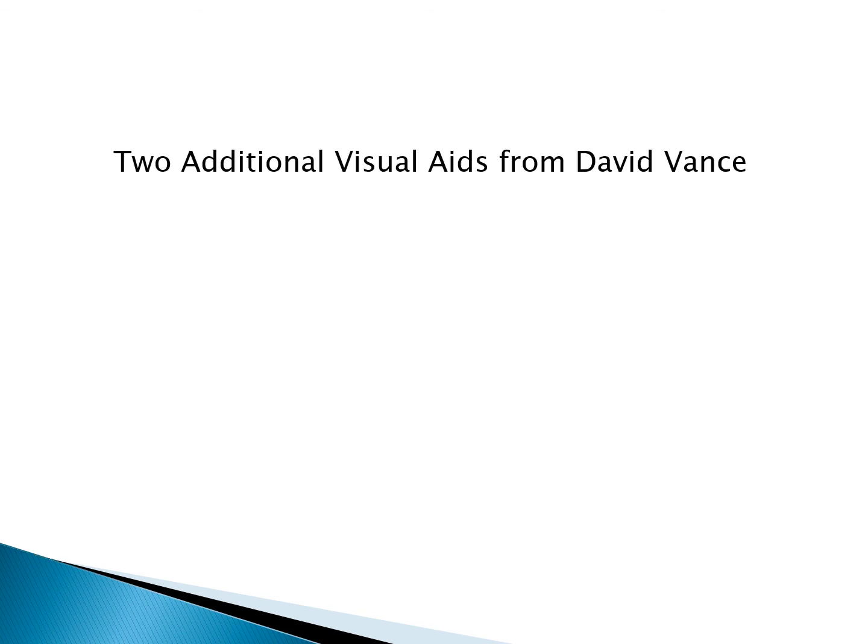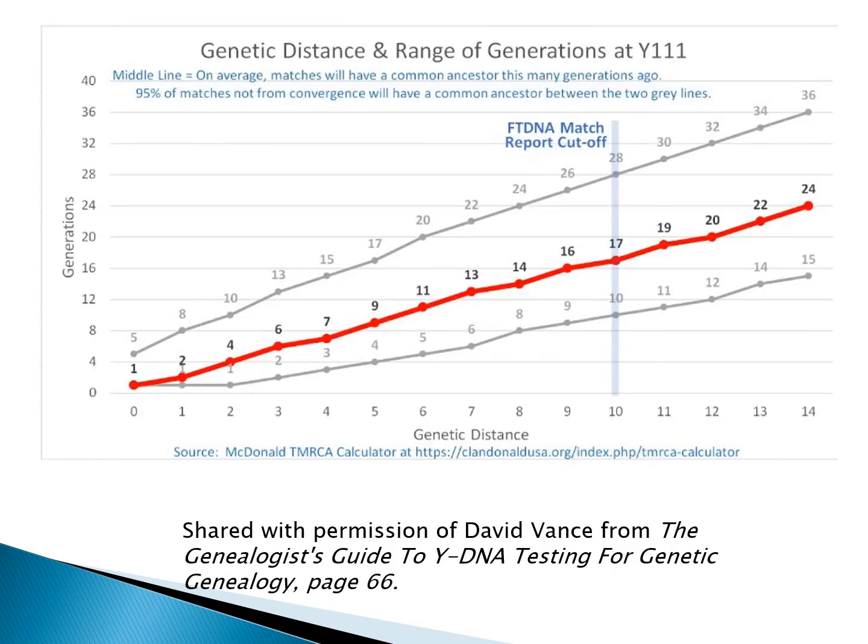Here are two additional visual aids from David Vance I've added at the end of the presentation, which might be useful for summary data if you want to look at them. Here I'm sharing a graph that came out of David Vance's book, The Genealogist's Guide to Y-DNA Testing for Genealogy, on page 66.